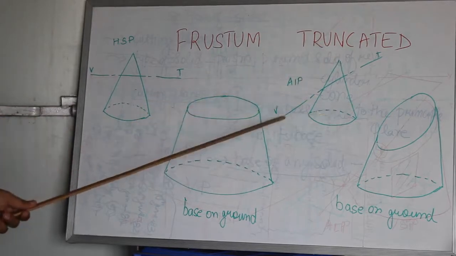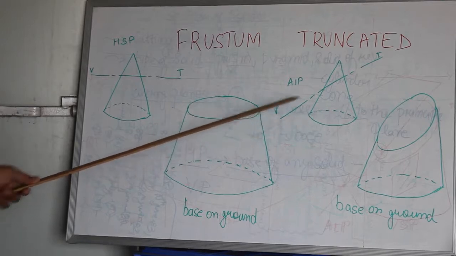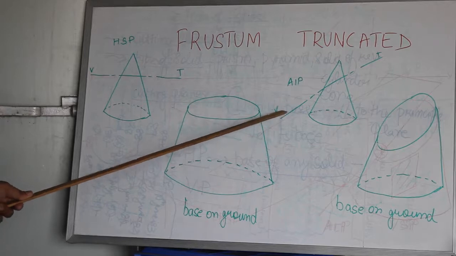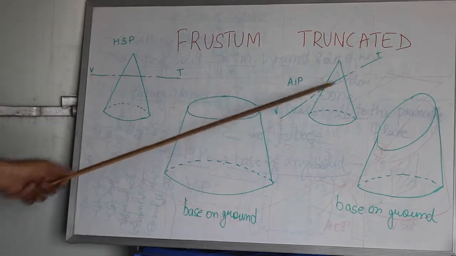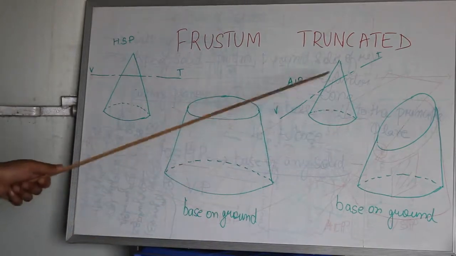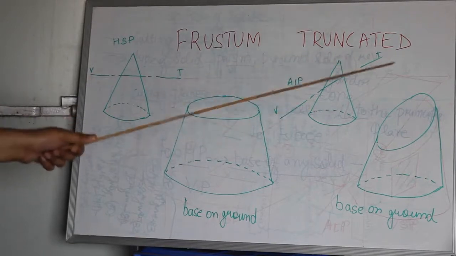This plane is also shown by marking V and T. It's also making the vertical trace on the vertical plane. Why is it making a vertical trace on the vertical plane? The reason is the surface of this cutting plane is perpendicular to the vertical plane.